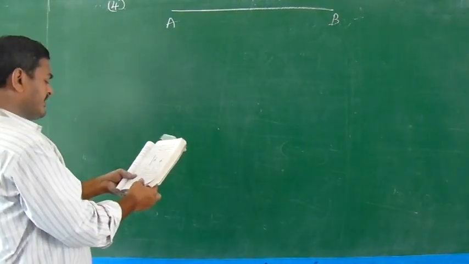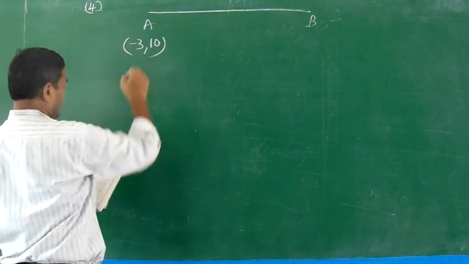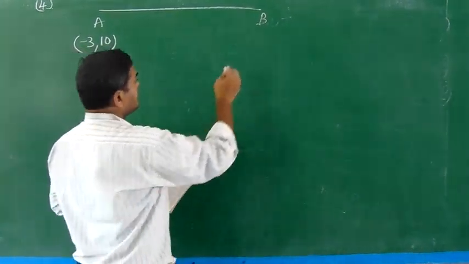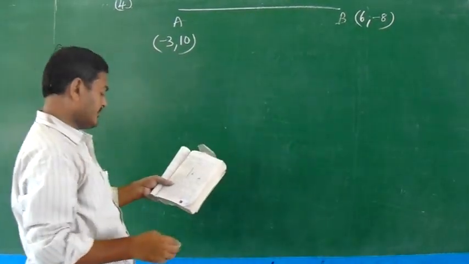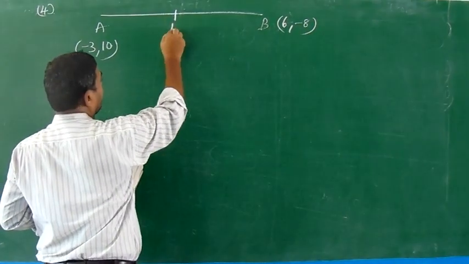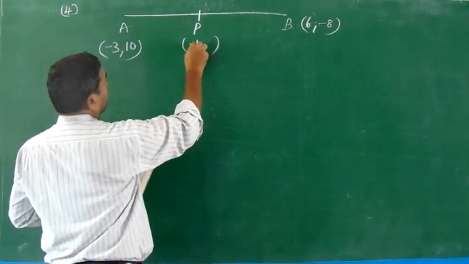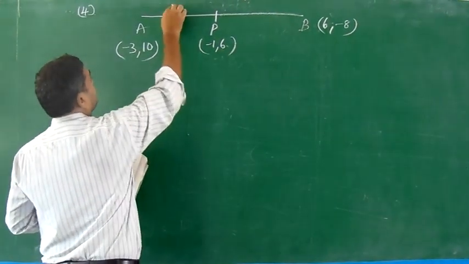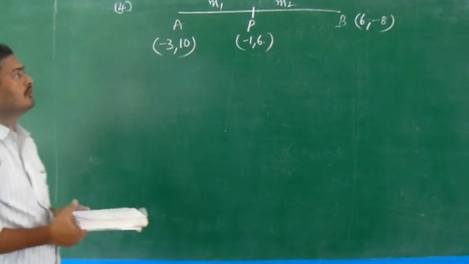Find the ratio in which the line segment joining the points minus 3 comma 10 and 6 comma minus 8 is divided. The dividing point is also given. What is the point here? Minus 1 comma 6. The ratio m1 m2 we don't know.